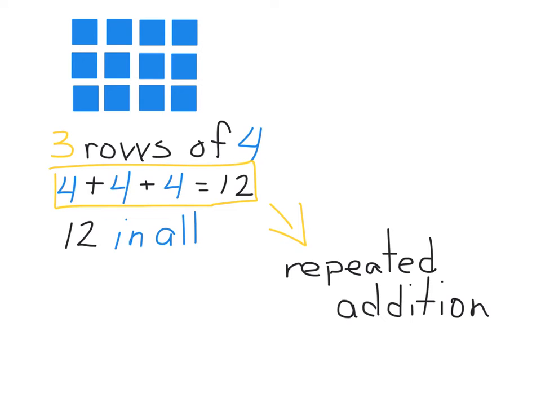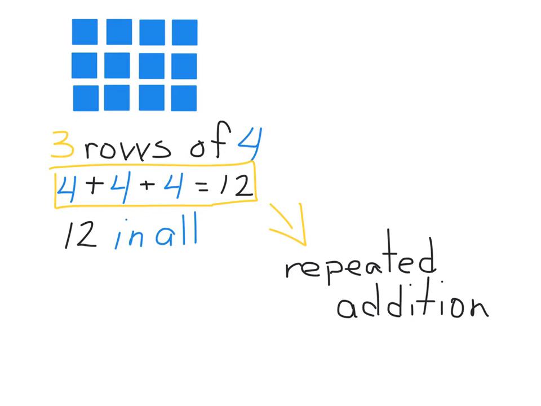Why do you think this number sentence is called repeated addition? Well, the number of tiles or squares in each row is equal, so the number 4 repeats. That is why it's called repeated addition, because the add-ins are repeated over and over.